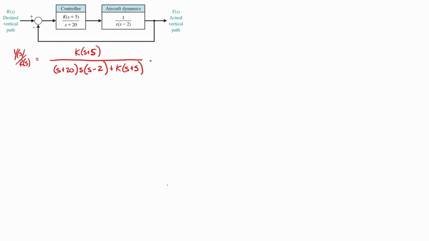And if we simplify that, we get K times s plus 5, all over s cubed plus 18s squared plus K s plus 5K. Alright, so that's our transfer function.